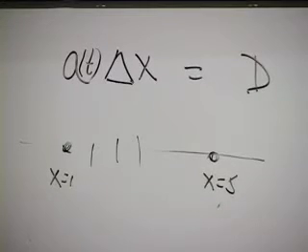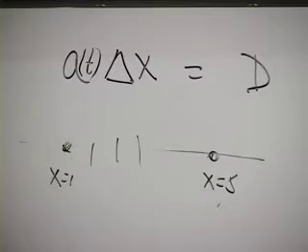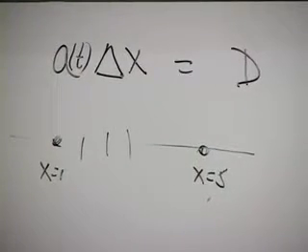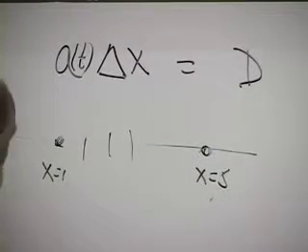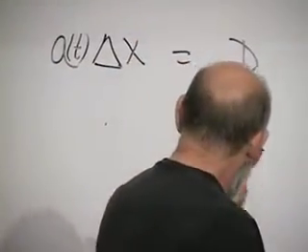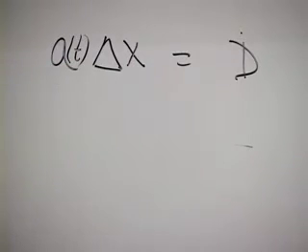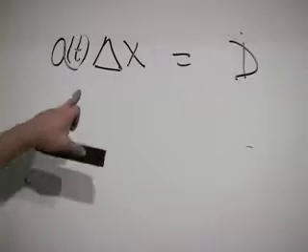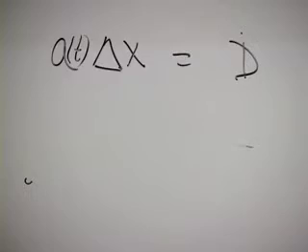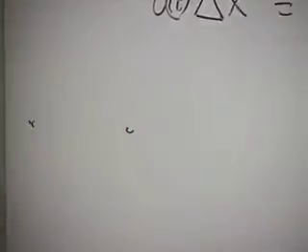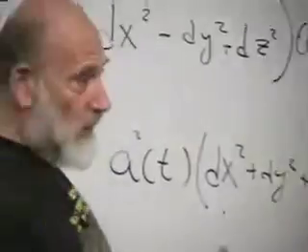Okay, what's the velocity of recession between those two? How fast are they separating from each other in meters per second? The answer to that is simple. We just differentiate d with respect to time. D is the distance. If we differentiate it with respect to time for these 2 points, then that'll give us the velocity between them. Now delta x is fixed. It's just 4 units in the case of x equals 1 and x equals 5.